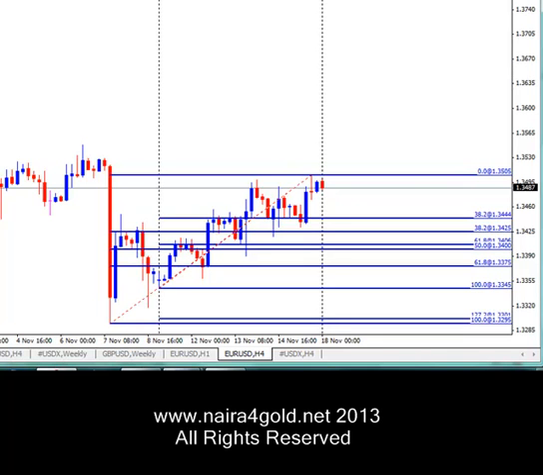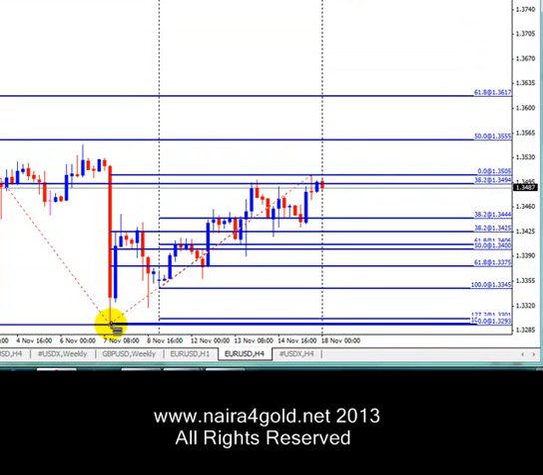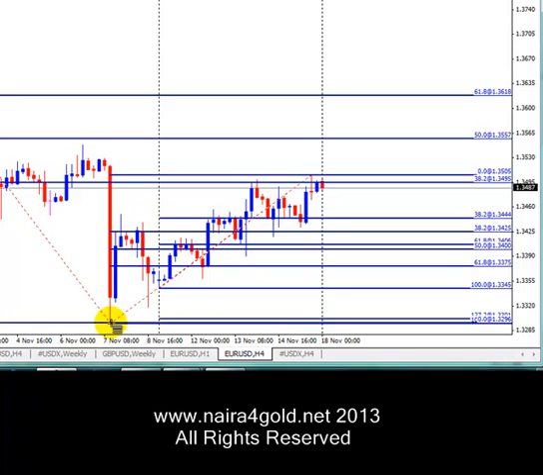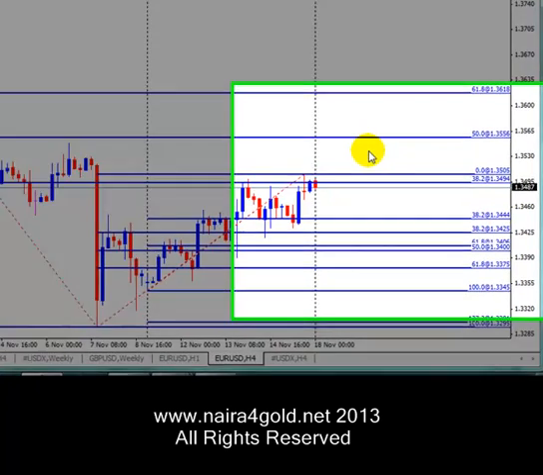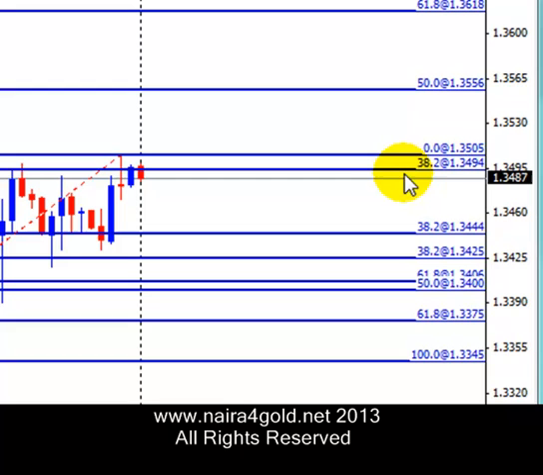Now, based on the fall from that place, from the last week of October to the first week of November, to the low of last week, we'll be looking at the 38% retracement around 1.3494.